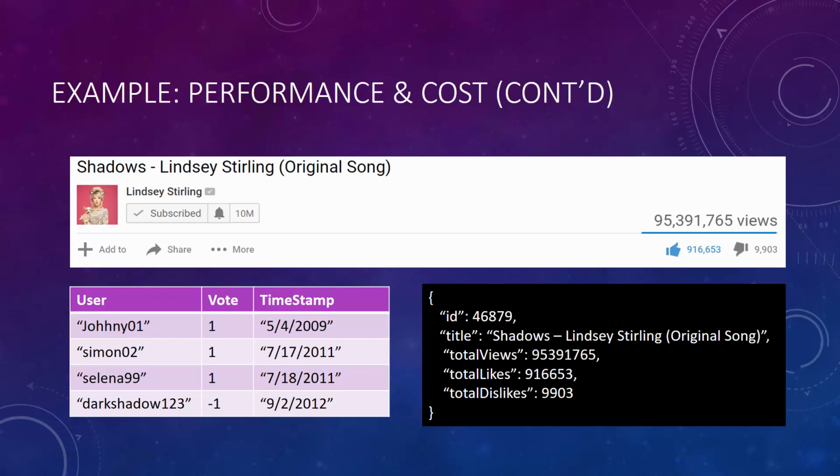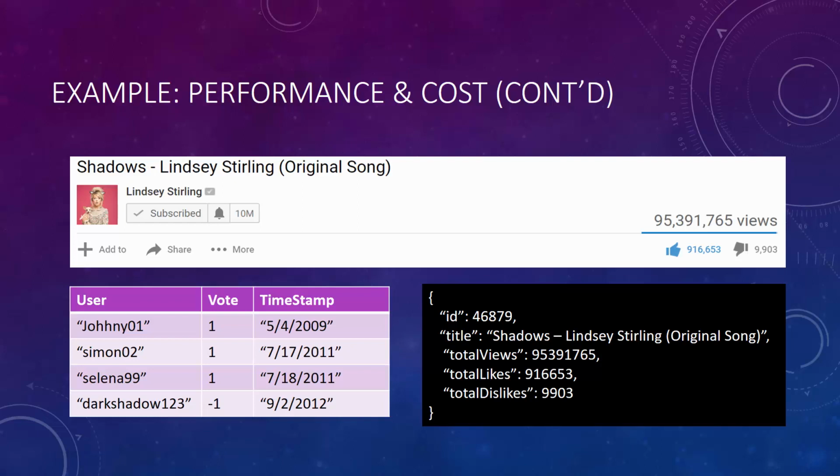There might be another property in that document that says here's the URL pointing to the file that will stream the video. But that one document provides us with all the information that we need: the title of the video and the total number of views and total likes and total dislikes.